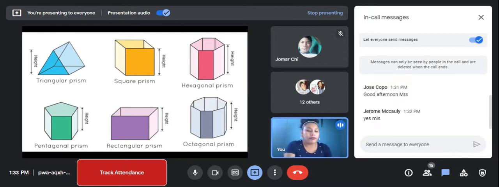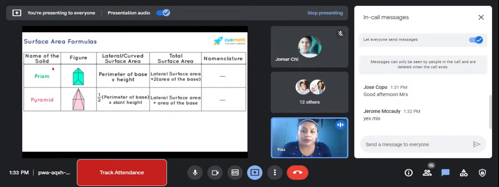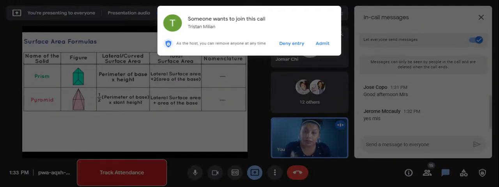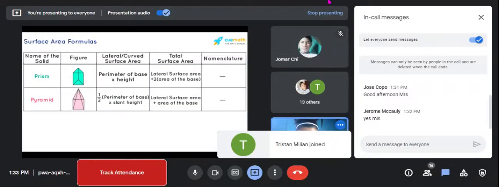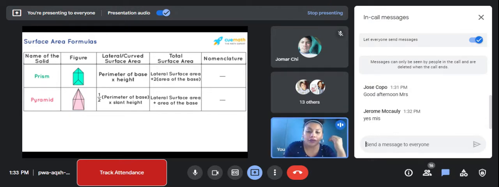Now, there are formulas for doing this, and we're going to be looking at the first one, which says prism, where there is one formula that applies for all prisms. Just like the volume of a pyramid, when we looked at that this morning, one section of the formula changes, and the same thing happens with the volume of a prism.